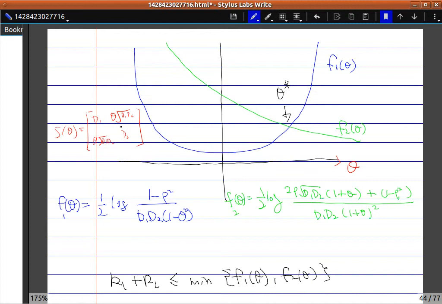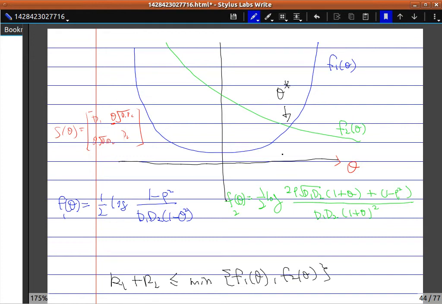Of course, we have a constraint that the maximum distortion for x1 is d1 and the maximum distortion for x2 is d2, but how these two are correlated is arbitrary for us, so therefore we have a theta.